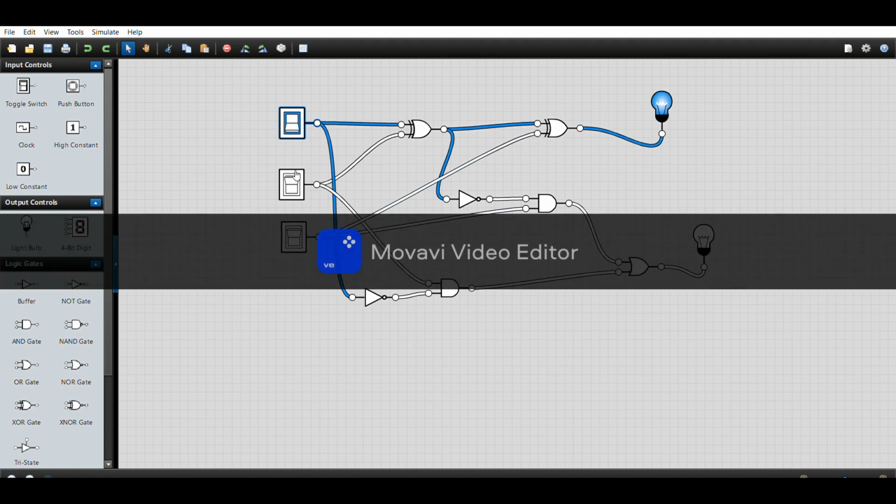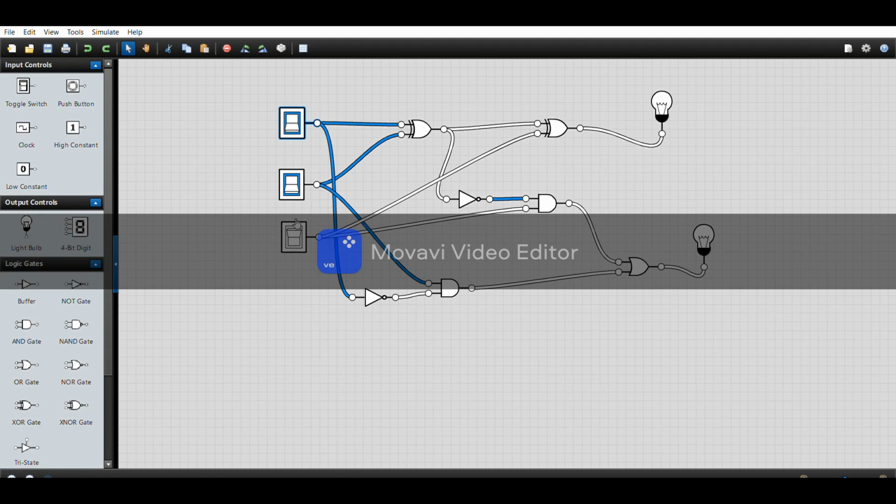Yes, we have successfully done the implementation of the full subtractor combinational logic circuit.